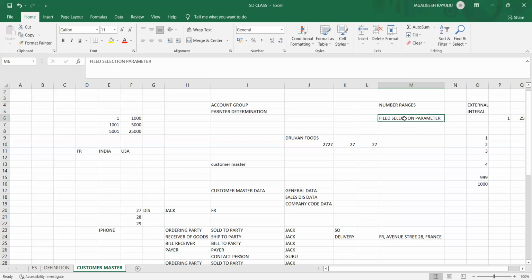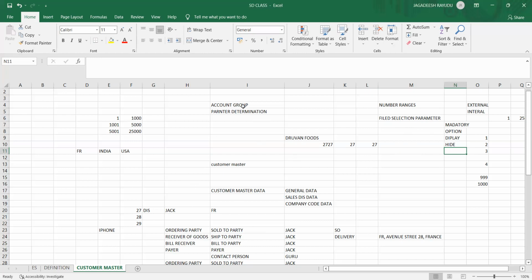In customer master data, so many fields will be there. It is going to control whether a field is mandatory, optional, or only for display. If you want, you can hide it for your customer. This is technical, and you can control it through this configuration.